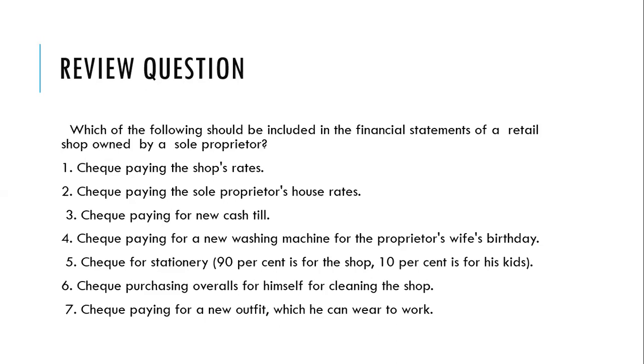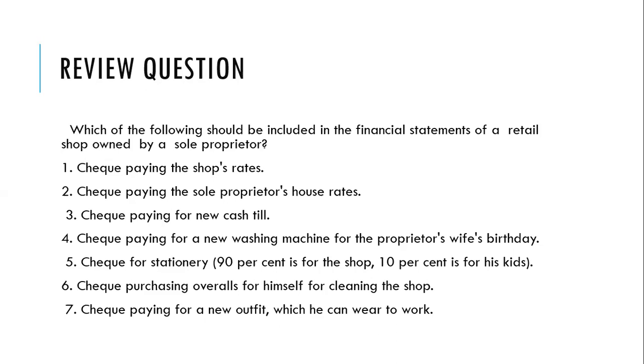Number six, check purchasing overalls for himself for cleaning the shop. Even though it was bought for the sole proprietor, it is for cleaning the shop, so we can record that in the books of the business.